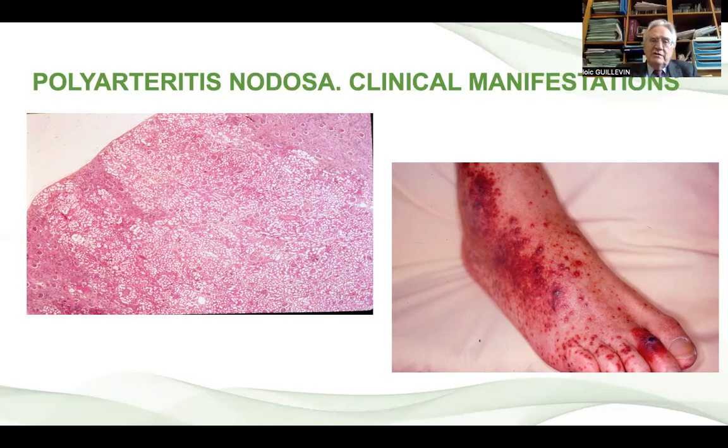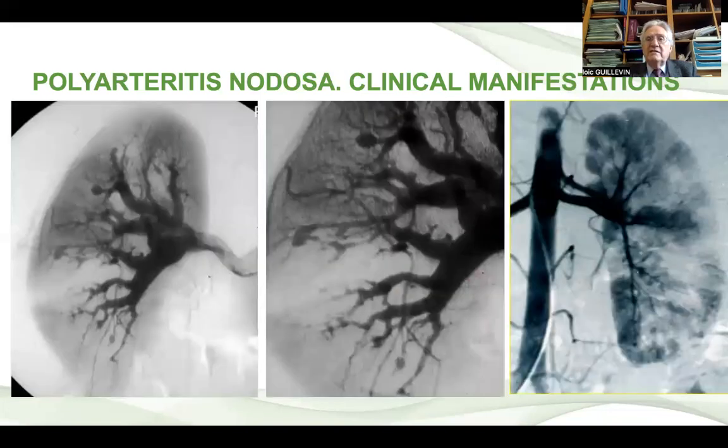It can be shown on other investigations like angiograms. The angiogram is shown here. It is conventional arteriography, which is probably the best test to illustrate the presence of this polyarteritis nodosa.